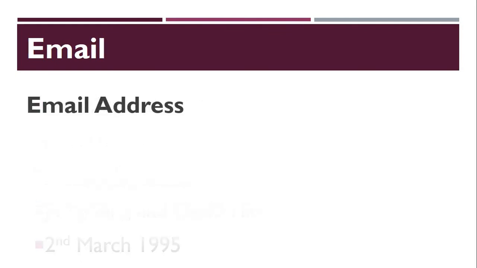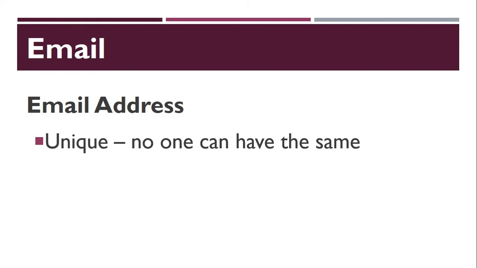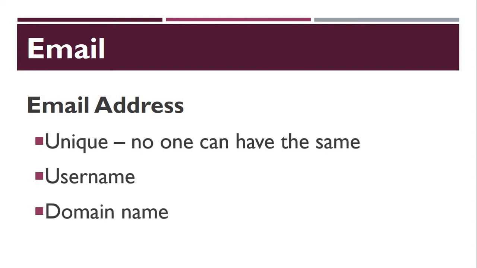Next, email address. When you create an email account, you get an email address. This email address is unique so that no one can have the same email address all over the world. An email address consists of a username and a domain name.